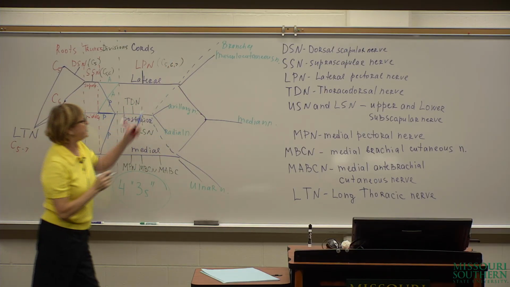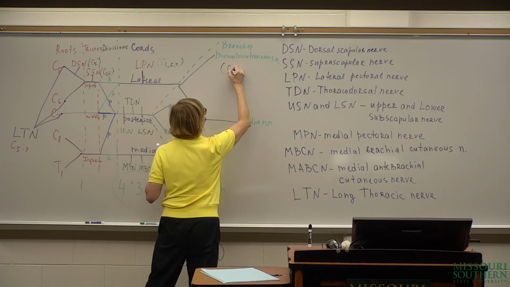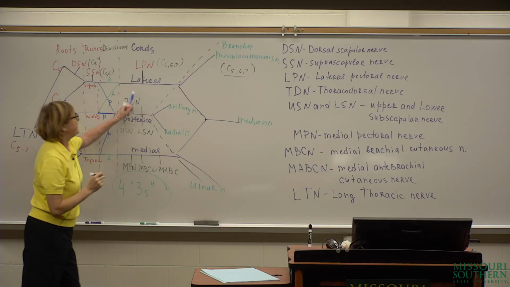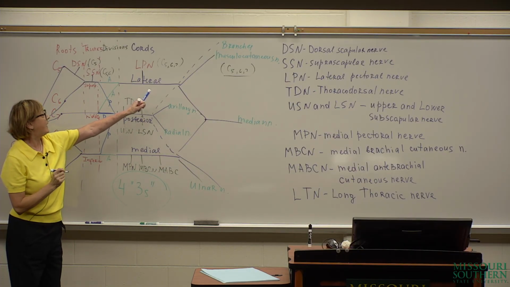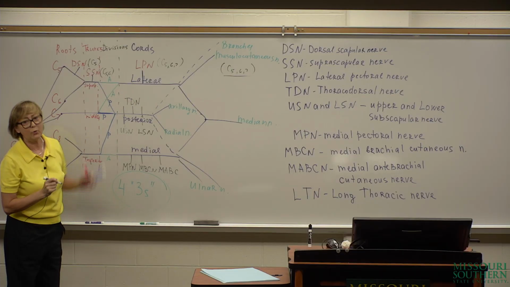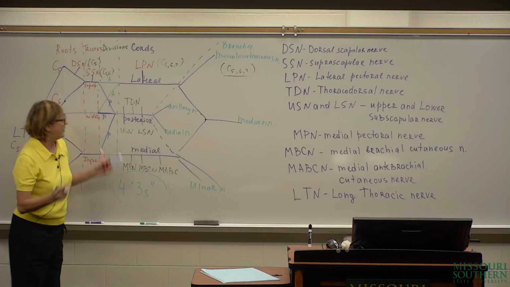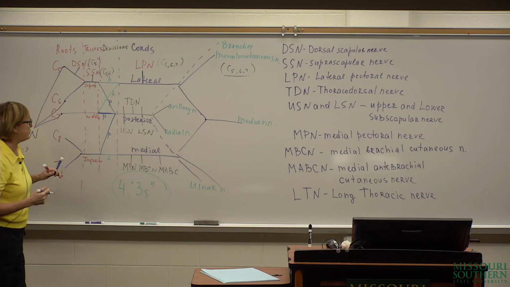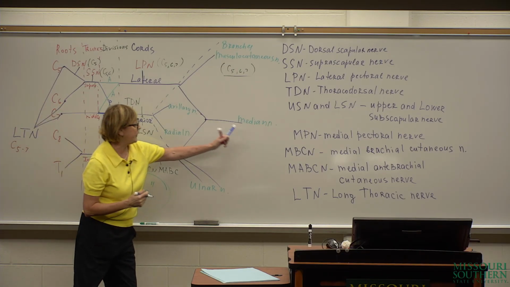The same as the musculocutaneous nerve. The musculocutaneous nerve receives contribution from all of the spinal nerves that contribute to the formation of the lateral cord.